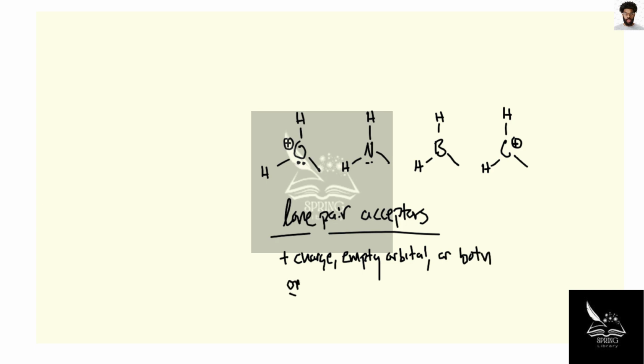Or a strongly attractive antibonding orbital. That's not going to come up here, but that would be something you'd want to consider when thinking about Lewis acids. Okay. In this case, though, we'll simply be looking at empty orbitals.